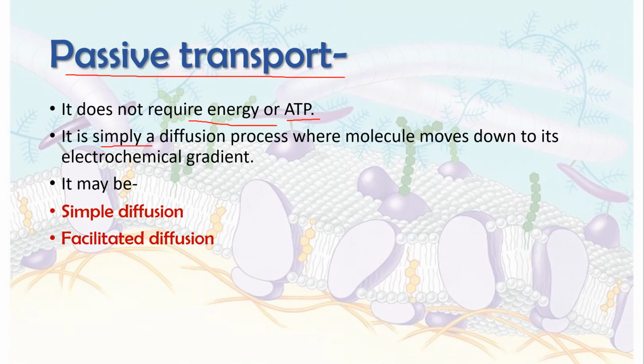It is simply a diffusion process where molecules move down their electrochemical gradient, meaning the molecule moves from high electrochemical gradient to low electrochemical gradient. So it is basically a type of downhill movement of molecules. It is also of two types, simple diffusion and facilitated diffusion.